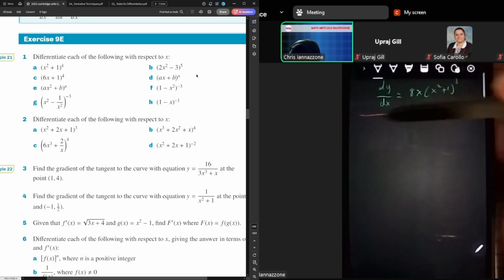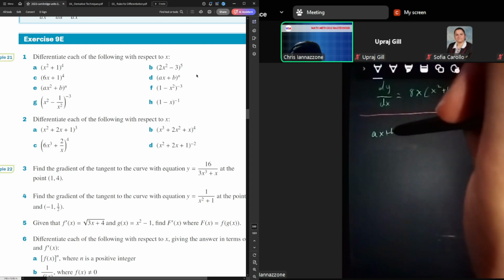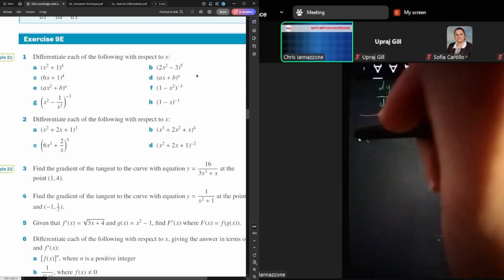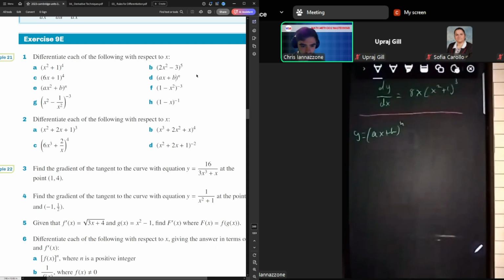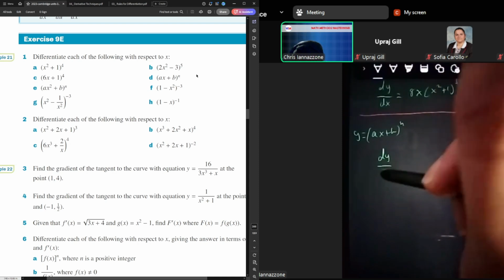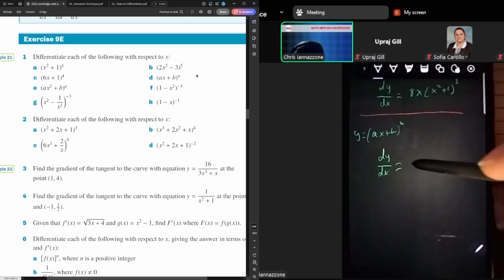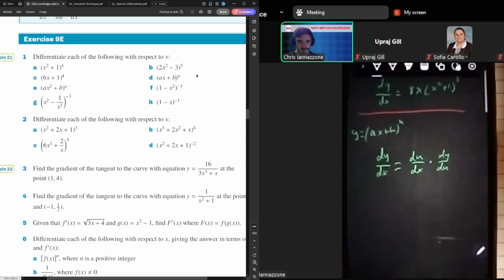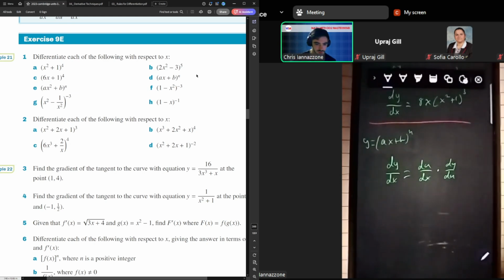Okay, so D is ax plus b all to the power of n. That's our function. Reminder, the derivative is going to be dy on dx is equal to du on dx multiplied by dy on du. All right, so this is fully alphabetical now.